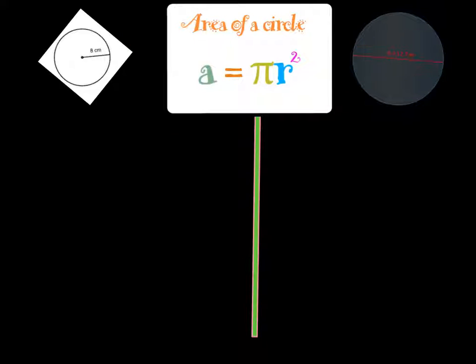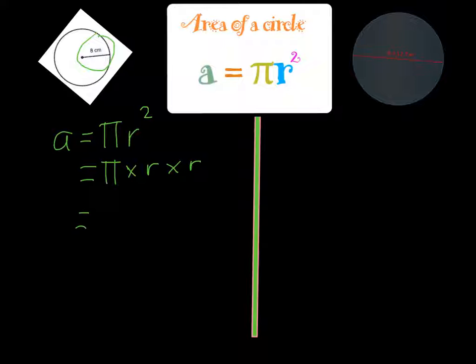Let's now look at applying the formula of the area of a circle. So area, as we know, is equal to pi r squared. For the first one, we are given the radius, so we can straight away use the formula. So area is equal to pi r squared, which is the same as pi times the radius times by the radius again.